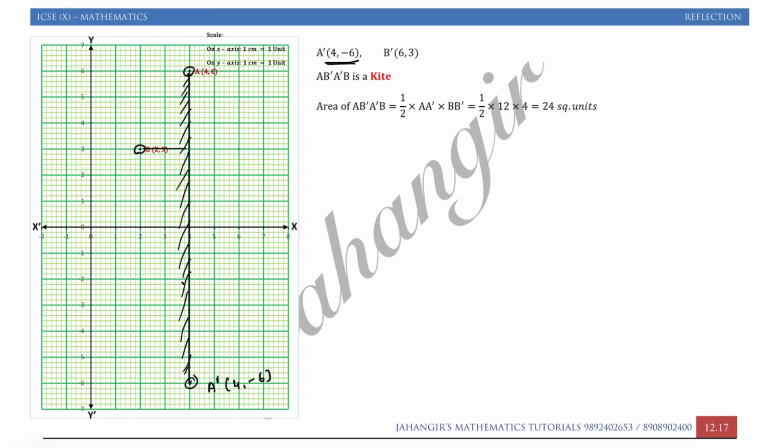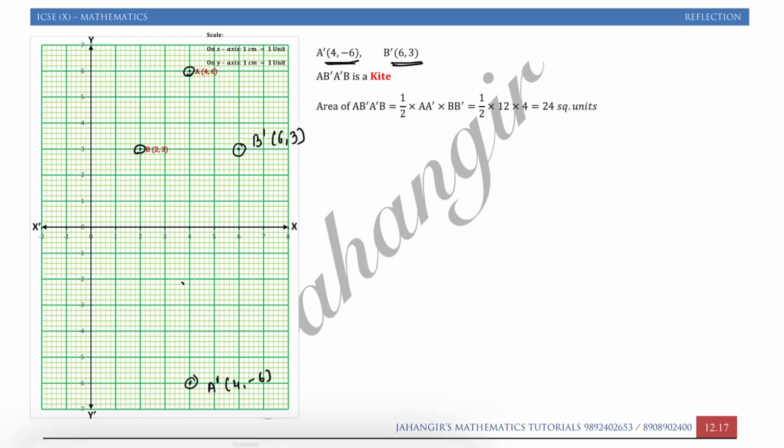So my image will be this if I am reflecting in a vertical line. So first let us erase all this part. So the coordinate of B', B' will be 6. This is (6, 3). So I can write (6, 3) over here.